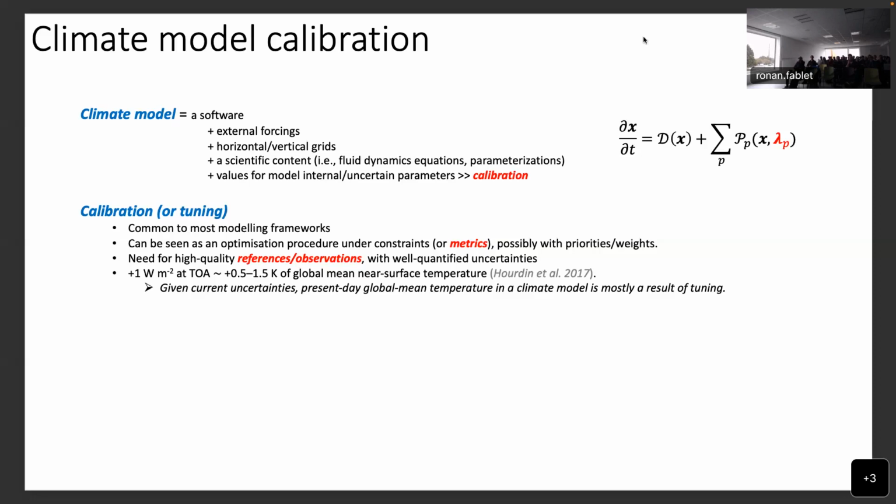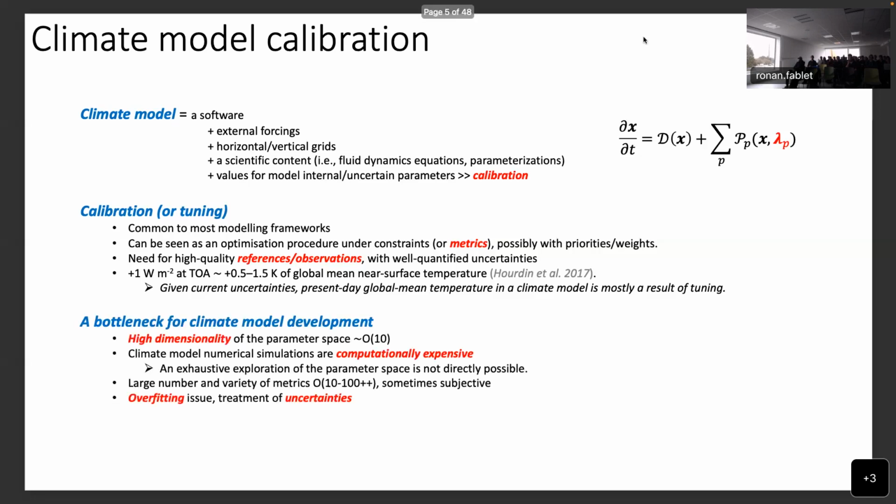So even with what we can do today with spatial observation of the top of the atmosphere budget, given the uncertainties we have with the measurements, the present day global mean temperature in a climate model is mostly a result of the tuning. So it's really important to address calibration in climate models to get skillful and useful climate models.